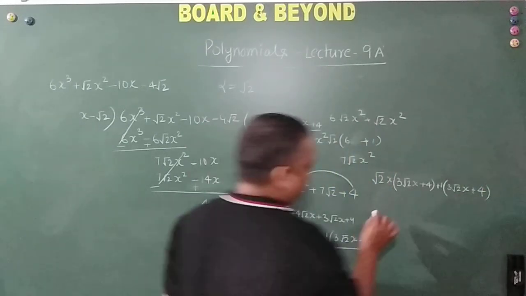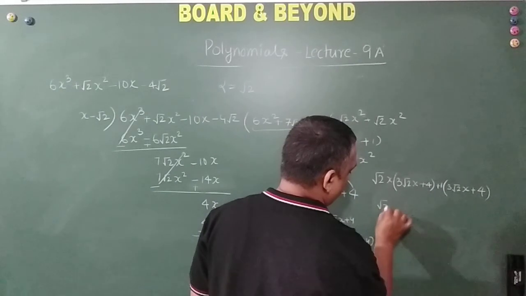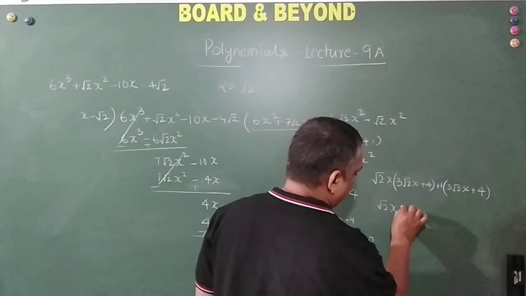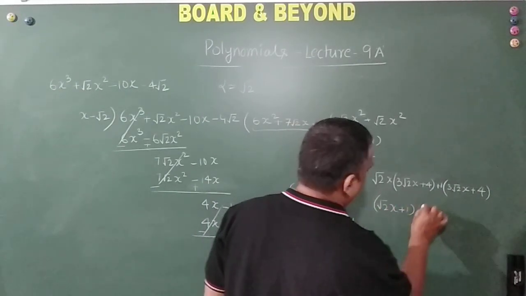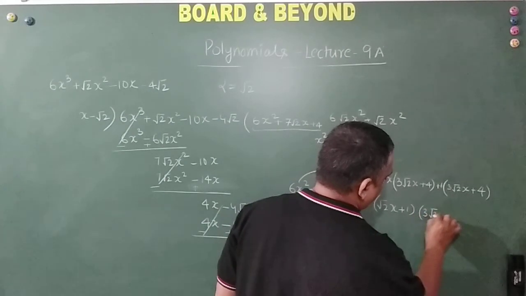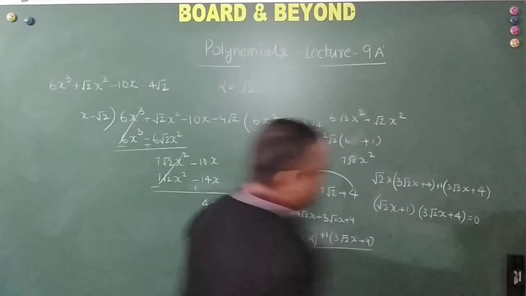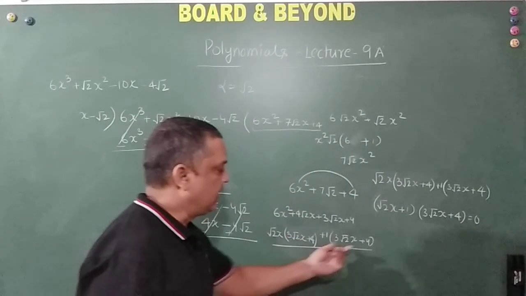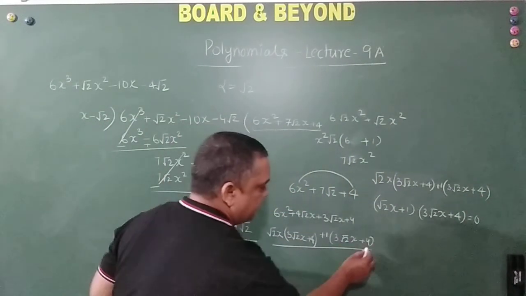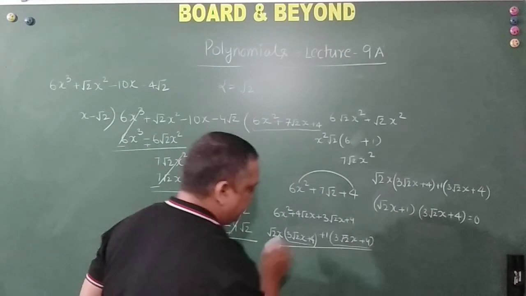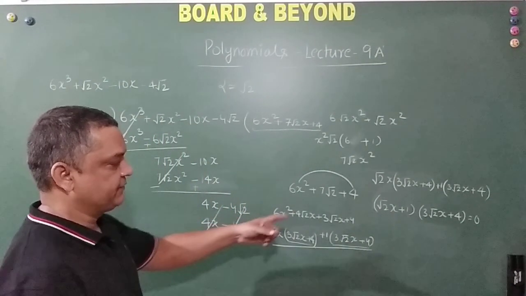Right? So this reduces to root 2x plus 1 and 3 root 2x plus 4. You got my point? How did I do it? I just wanted to retain whatever is there inside the same, right friends? So that is why I did it.